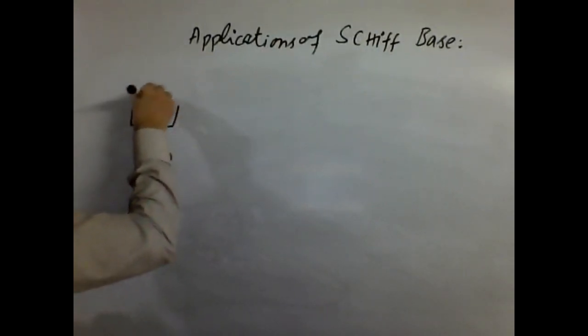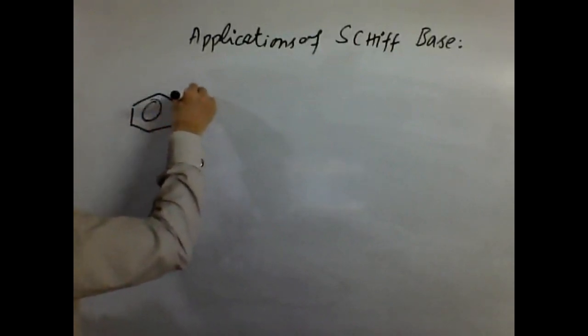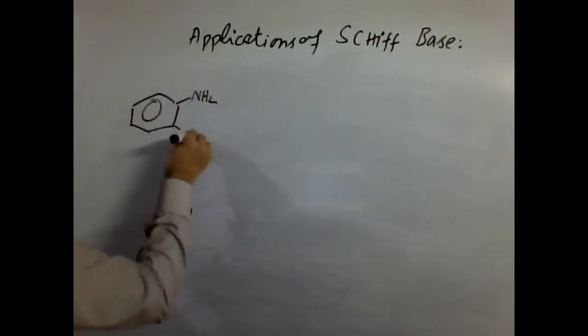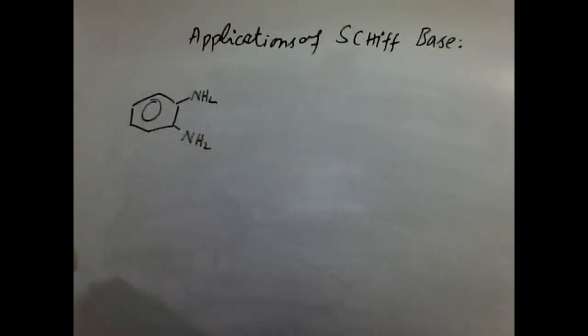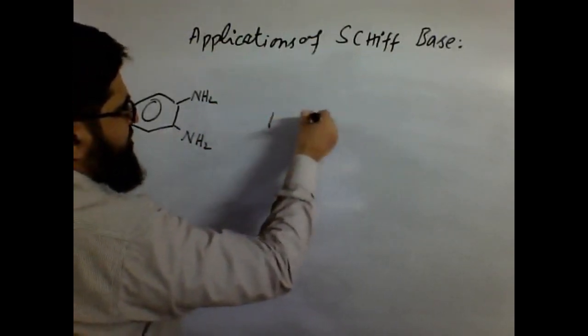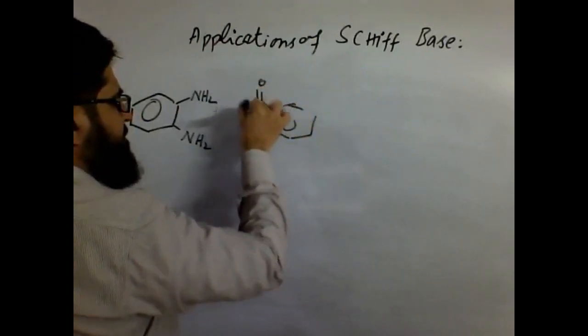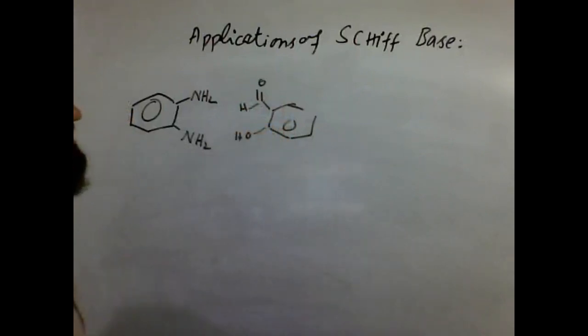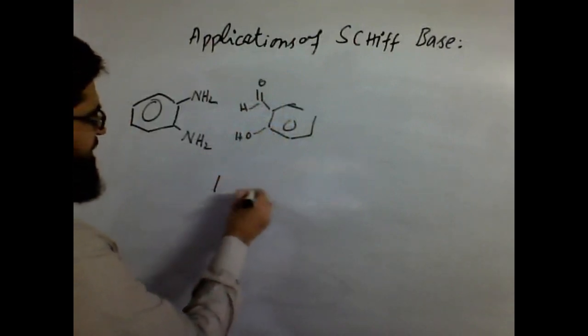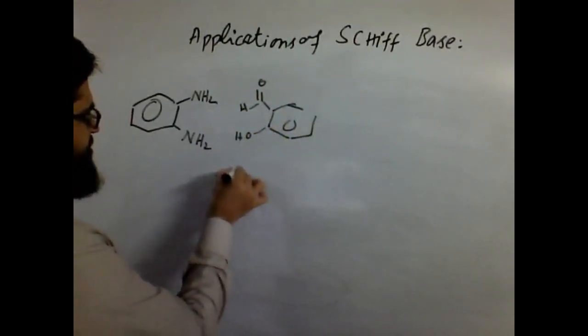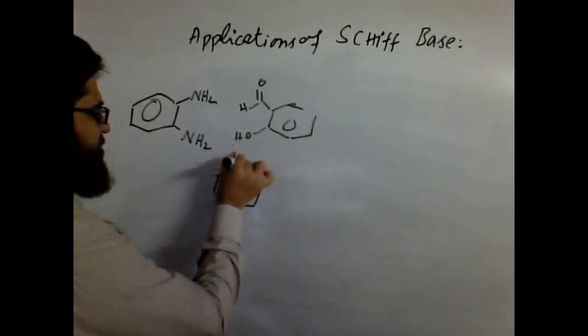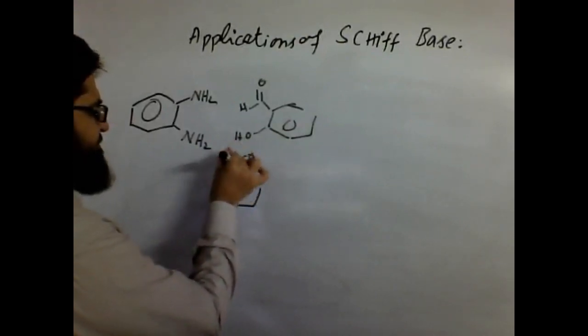It's a very well known, frequently used compound, the one with the 2 amine groups. What one could do, one could bring in salicylaldehyde, 2 moles of salicylaldehyde.